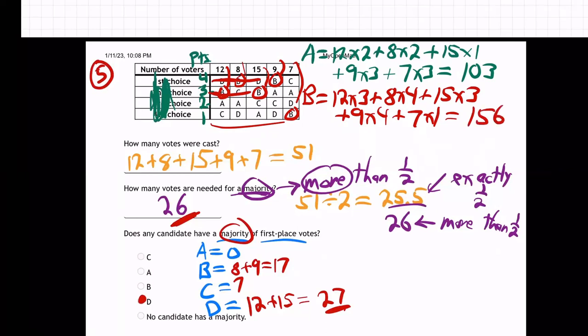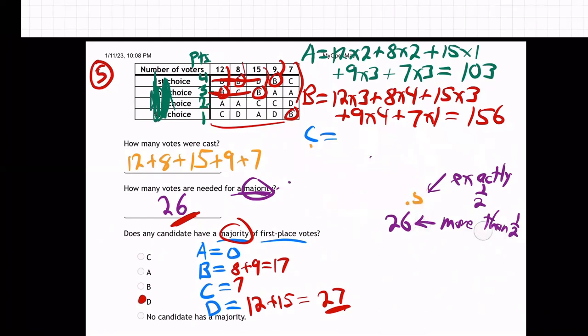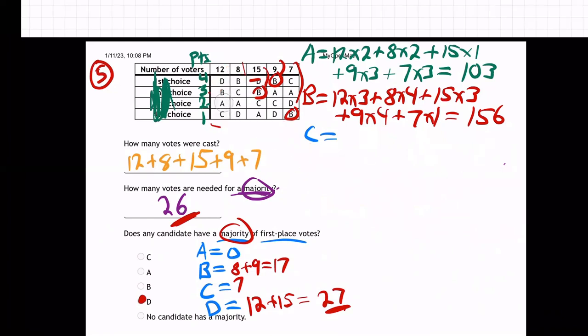All right, I'm going to do C next. I have to get some of this out of the way here. Where's C? C's here. 12 people gave C 1 point. C's here. 8 people gave C 3 points.